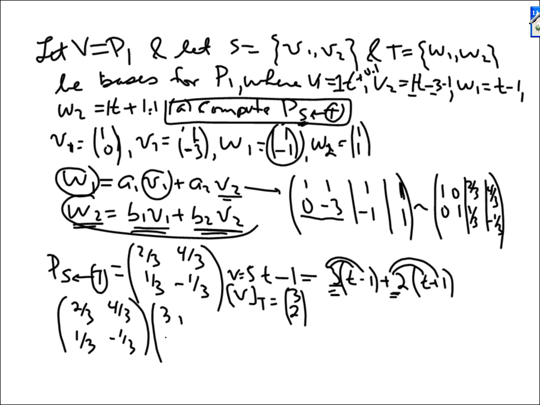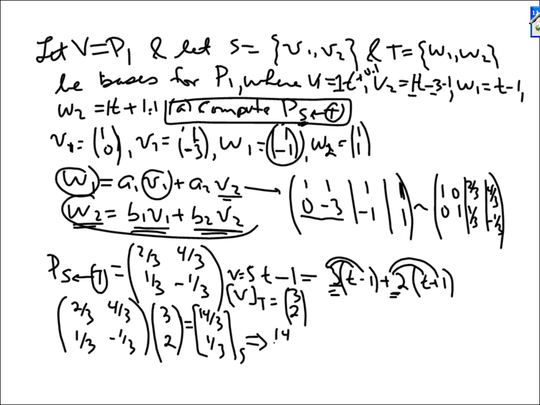Now, let's see what happens when I multiply by 3, 2. When I multiply this by 3, 2, I get 6, 14/3, and then 3 minus 2 is 1/3. This is supposed to be the coordinate vector for v with respect to S. Now let's see if this is true.